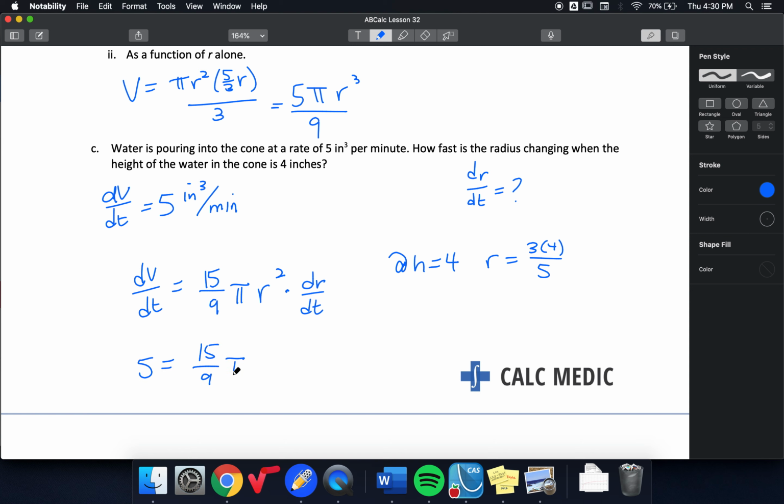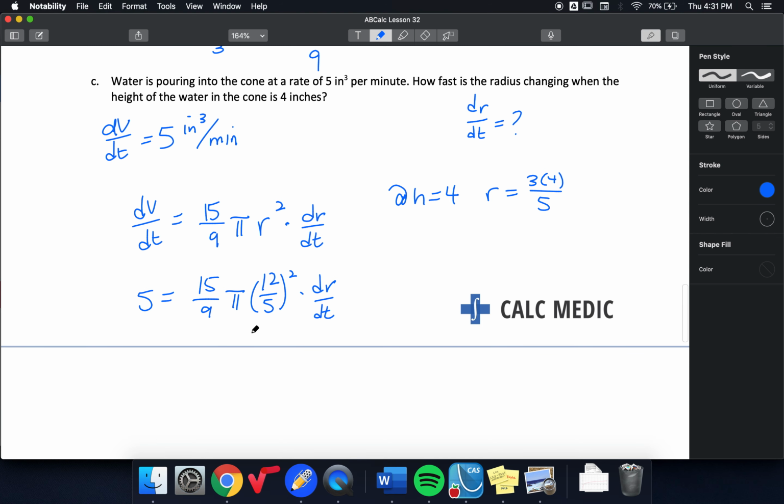So 5 equals 15 over 9 pi times (12 over 5) squared times dr/dt. Now I could simplify this, or I can just get my dr/dt alone. So I'm going to have 5 divided by 15 over 9 pi times (12 over 5) squared. My units, though, I definitely need those. Those are going to be inches per minute.